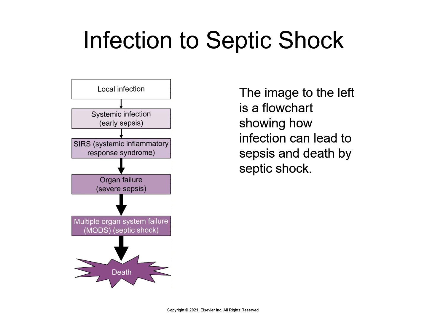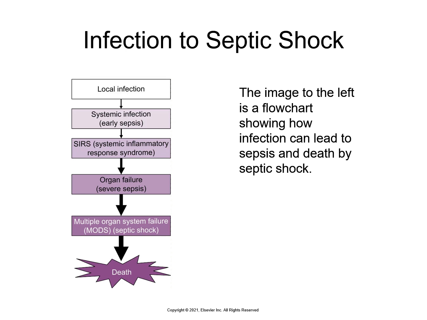So let's look at what happens in septic shock. Usually, and you look at this flow chart here, you have a local infection. Something causes you to have an infection, and it's not treated, or you don't realize that it's that bad, and then it becomes systemic. It gets into the bloodstream. So you have a systemic infection. That is early sepsis. Then you develop this inflammatory response related to that systemic infection.